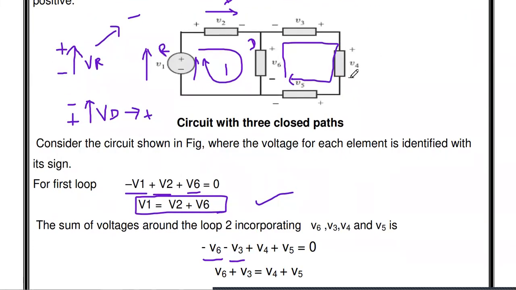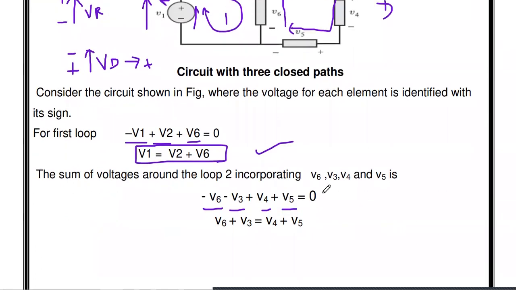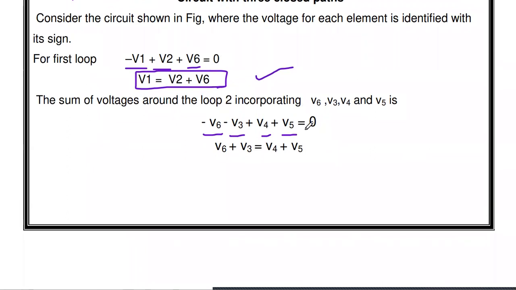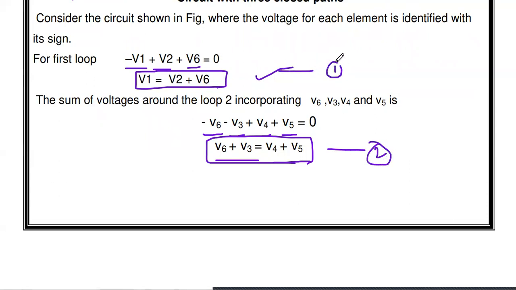Then plus to minus is a drop, so plus V4. Then coming here, plus to minus is a voltage drop, so plus V5. So minus V6 minus V3 plus V4 plus V5 equal to 0. Rearranging, we get V6 plus V3 equal to V4 plus V5. This is also one of the KVL equations. For each loop, we write one KVL equation, and by solving these equations we can achieve our desired answer.